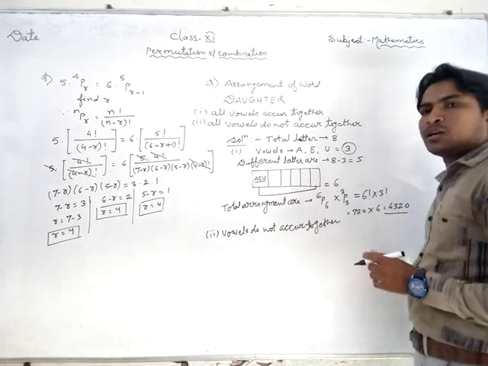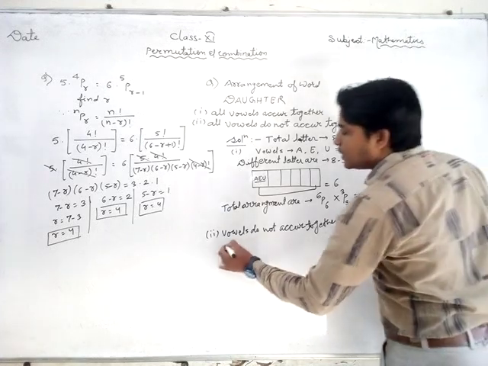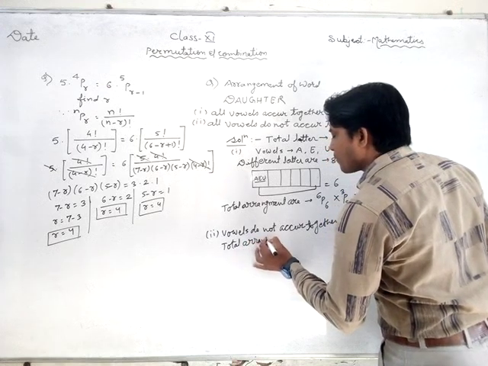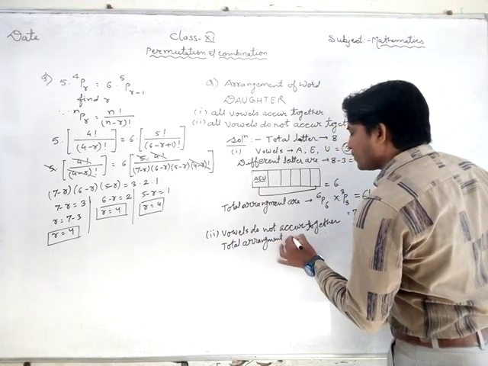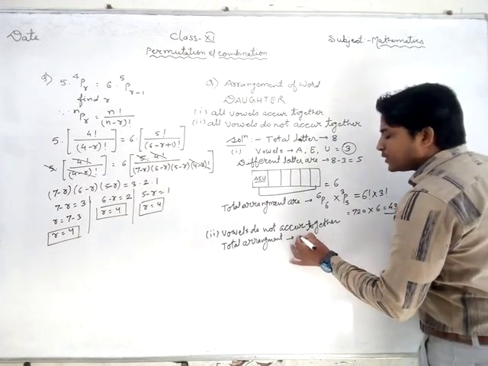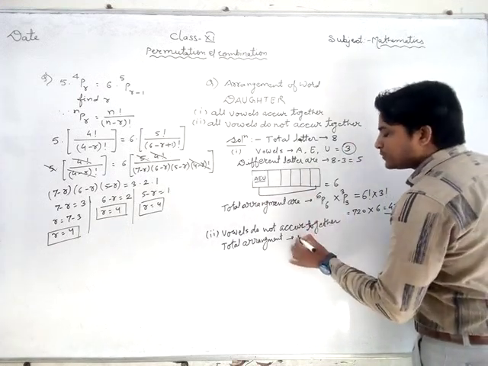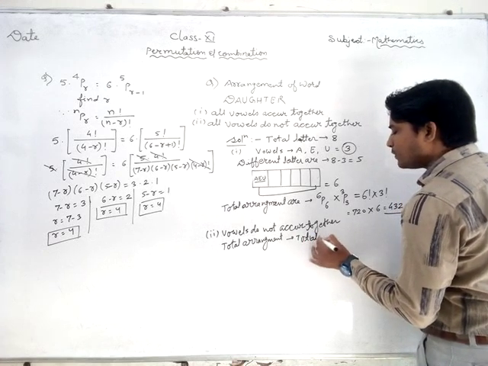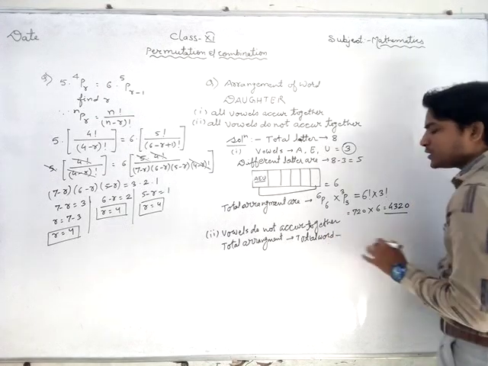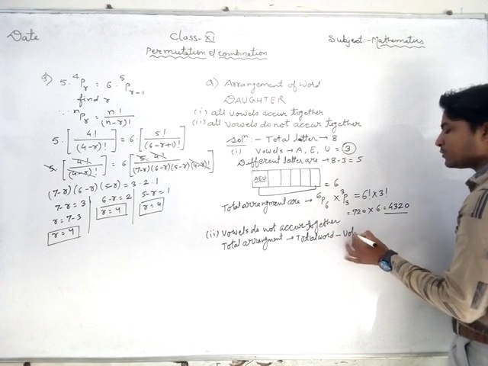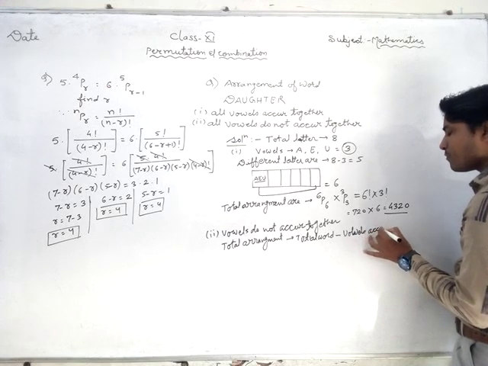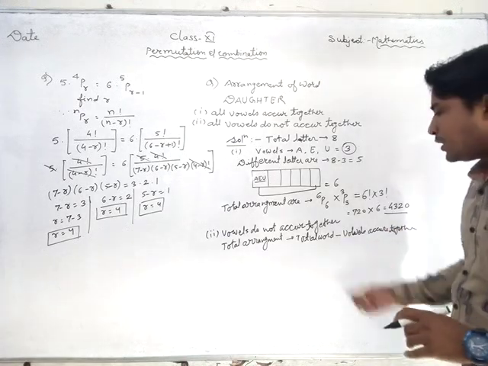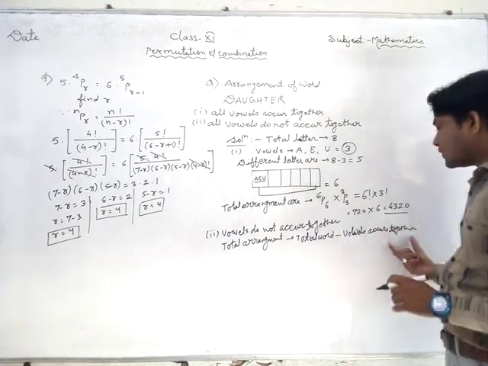If vowels do not occur together, then the total arrangements are the total word permutations minus the arrangements where vowels occur together.